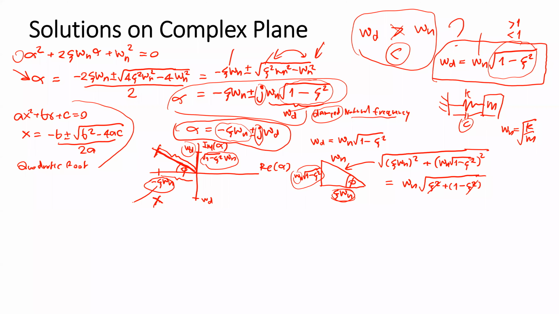We introduce an angle phi here, and cos of phi is equal to psi omega n divided by omega n. This angle is directly related to the damping ratio. Cos of phi is equal to psi.